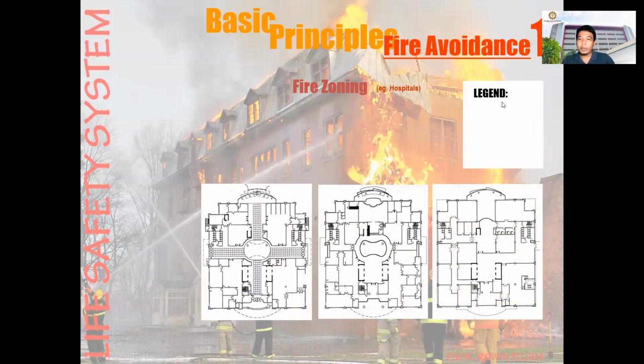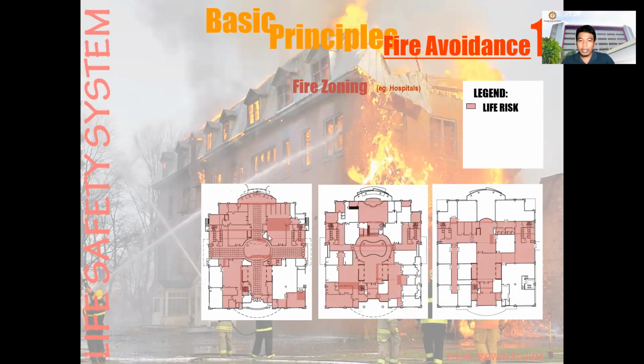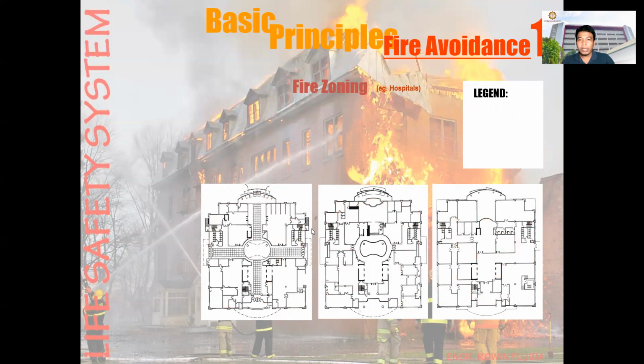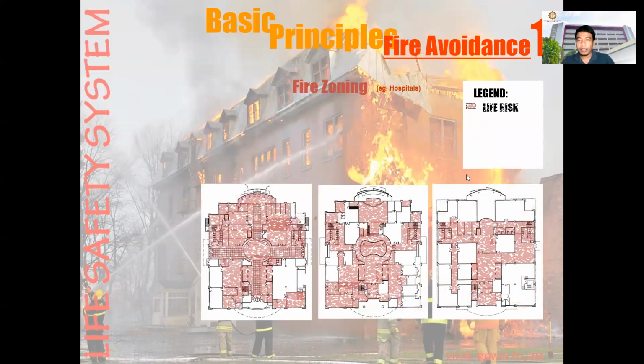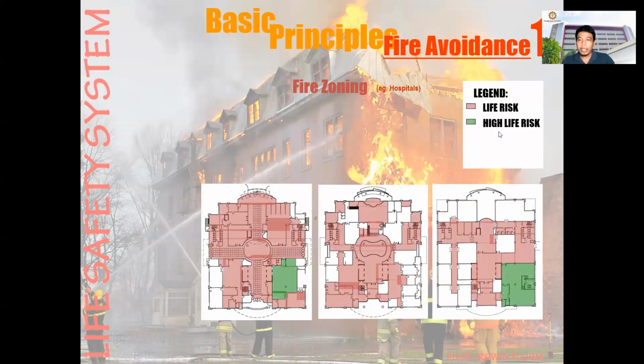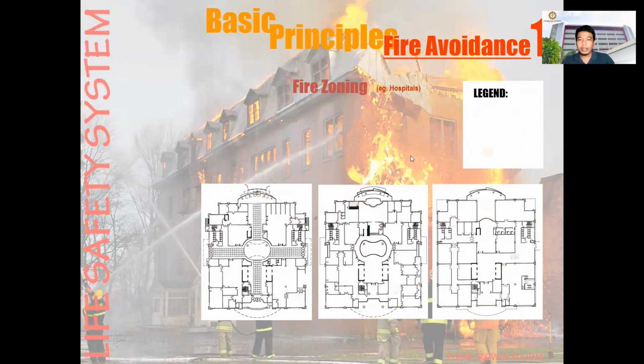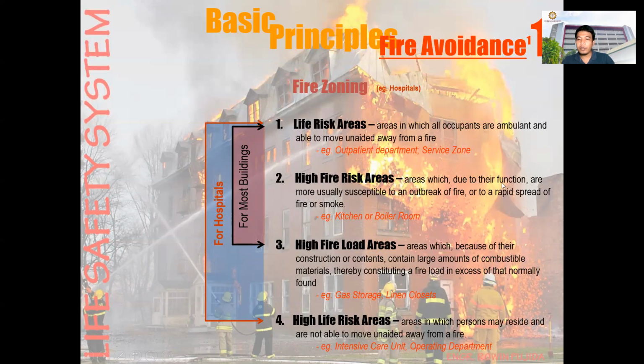Example, for the fire zoning, you have the life risk. So life risk is areas which all occupants are ambulant and able to move unaided away from a fire. So you can move easily away from fire. Next is the high risk. So for the high risk areas, due to their functions, are more usually susceptible to an outbreak of fire, for example kitchen and boiler room.